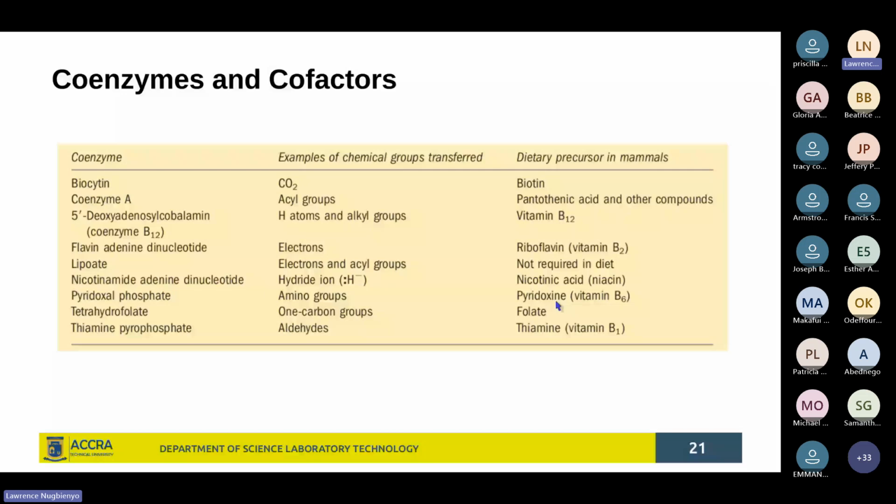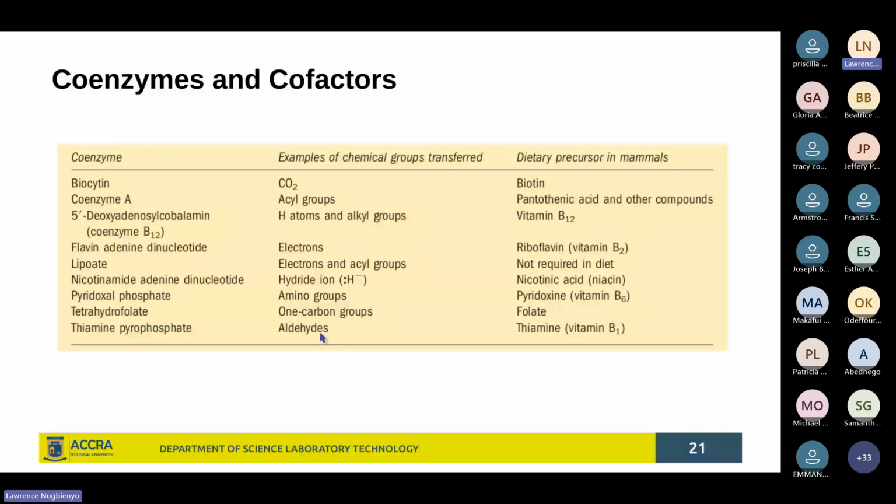We saw that reaction earlier with the transferase, like the transaminase. Now and then you also see thiamine, which we see as thiamine pyrophosphate, which is also involved in the transfer of aldehyde groups in biochemical reactions.